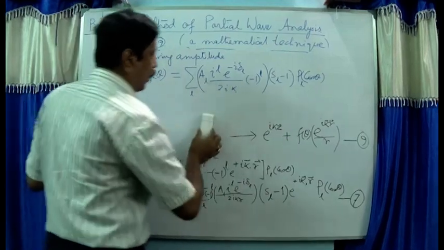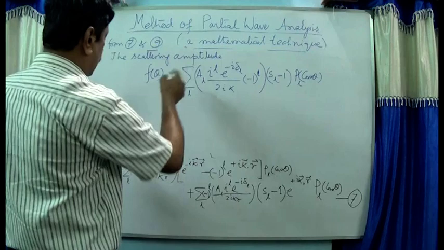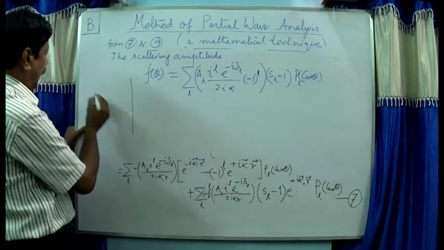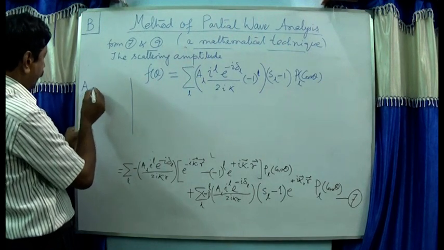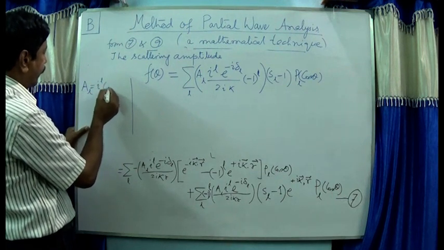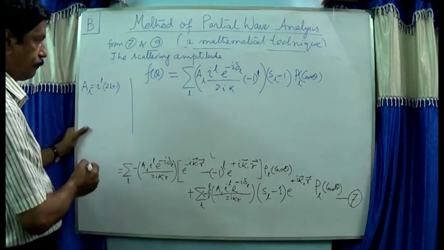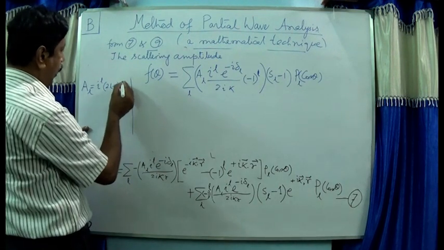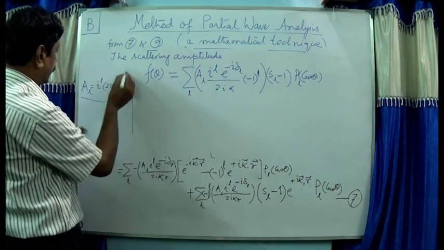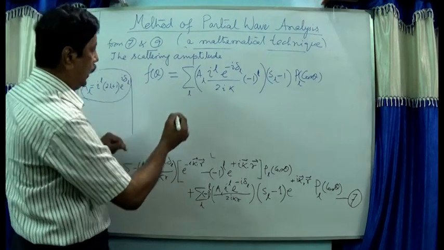So now if we put the value of A_L in this expression, we have A_L as i to the power L, 2L plus 1, e to the power i delta_L. This is the expression for A_L. Now substitute this A_L here.